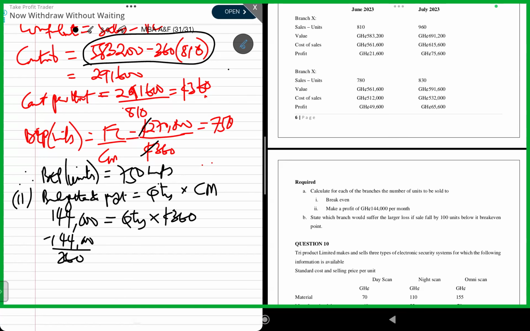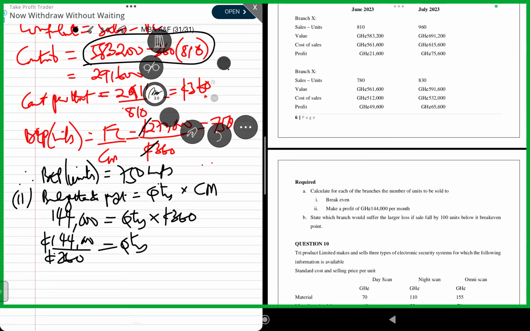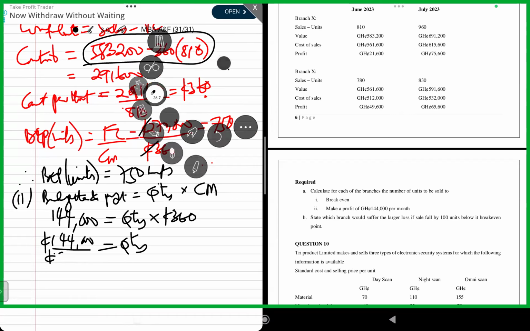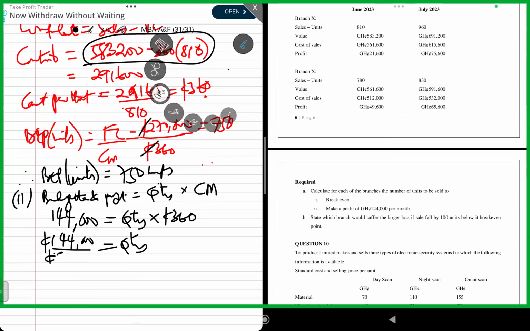Remember, this is the CM sign, and this is the CM sign, equals quantity. So dividing both sides by 360, the CM signs will cancel each other. What do we have? 400 units. So the quantity equals 400 units. When you use the target profit, you get the same thing.